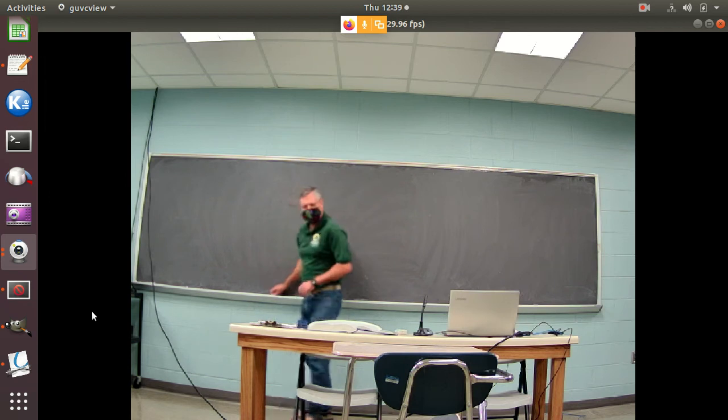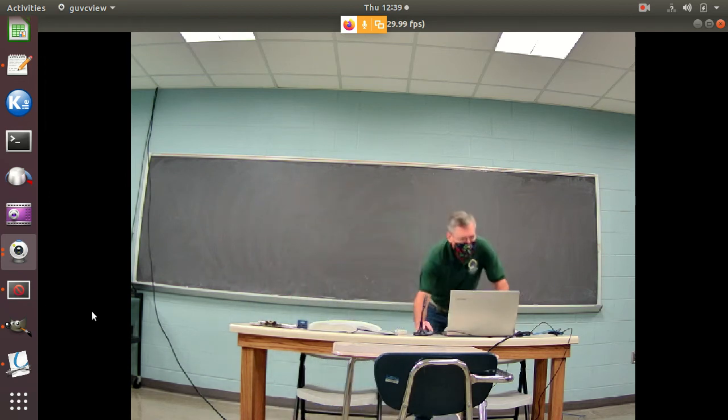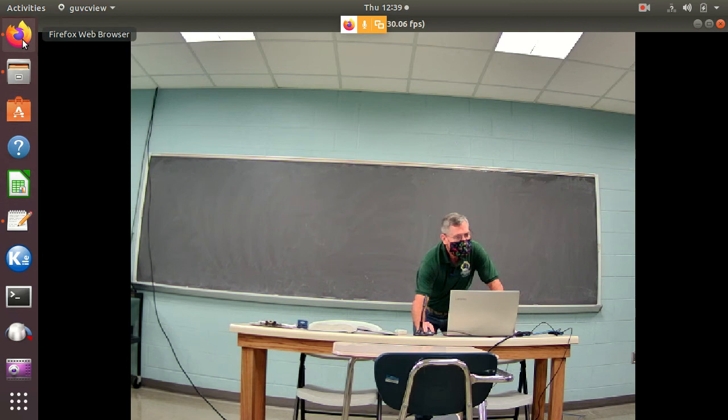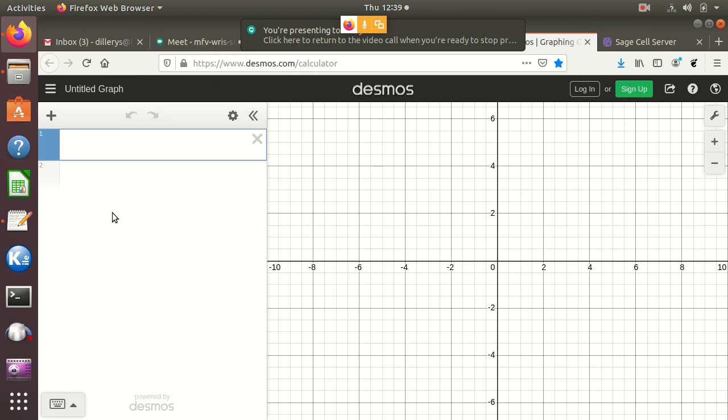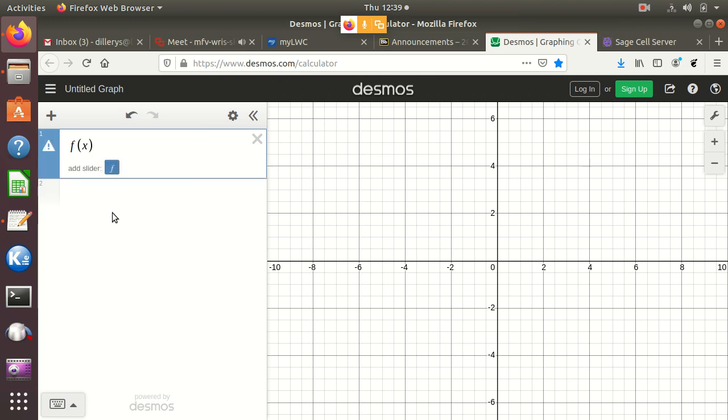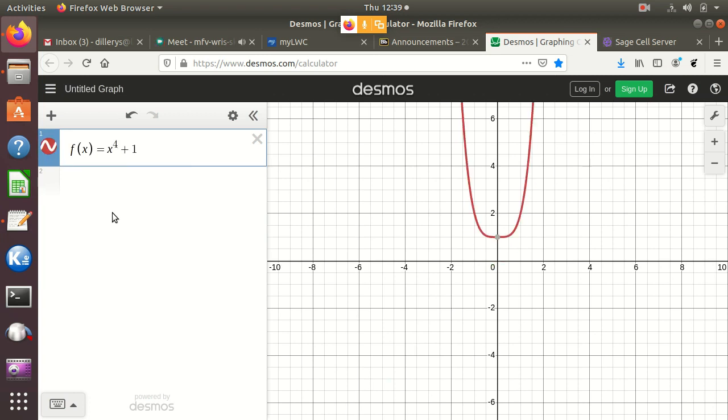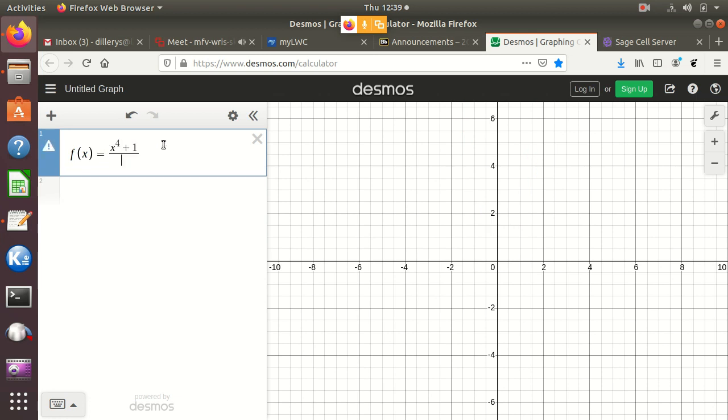Again, I think I've showed you this on Desmos. I've got Desmos here somewhere. So on Desmos, I can put in that function f of x, and that was equal to x to the 4th plus 1, all divided by x squared.